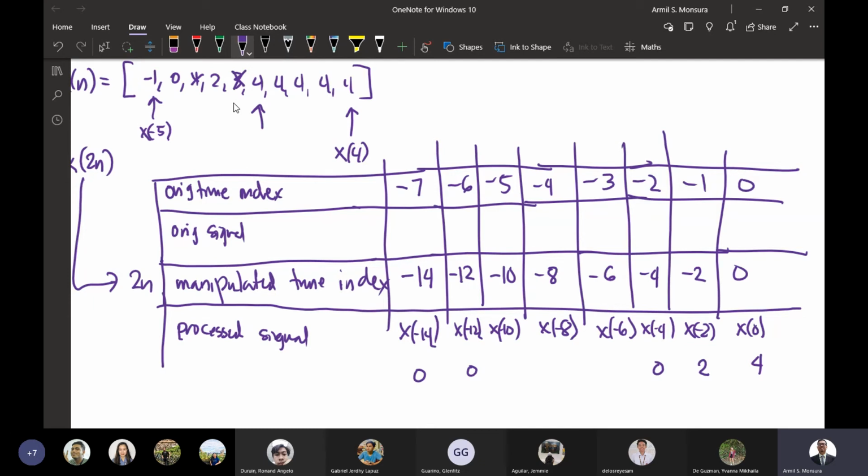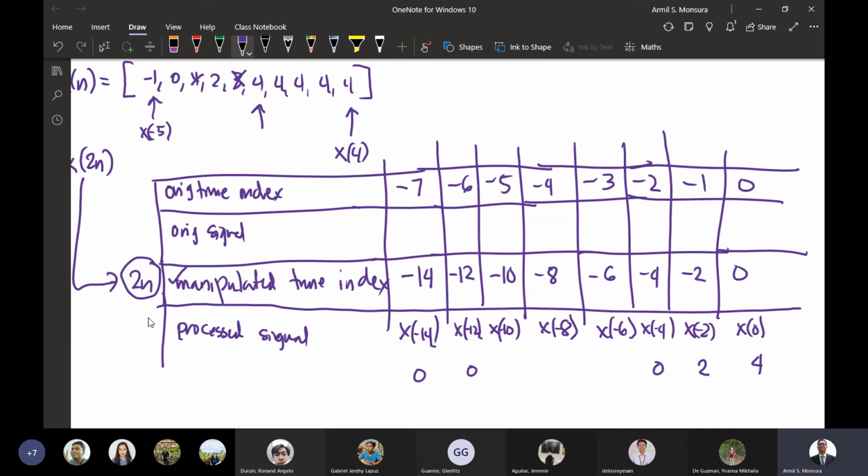And consistent naman, if you're manipulating the time index, you can generate this row, the manipulated time index row. Which titingnan nyo ngayon kung ano tong operation na gagawin nyo dun sa time index. Okay?